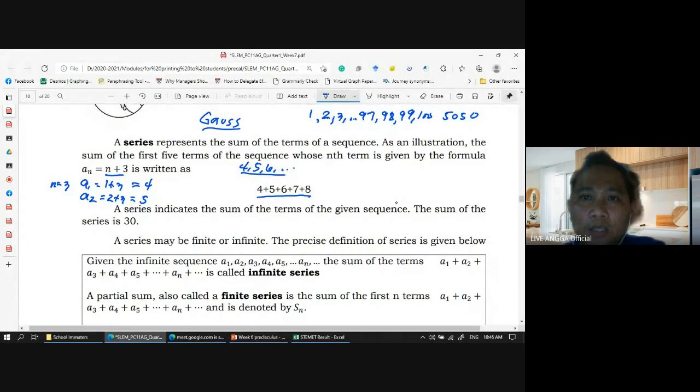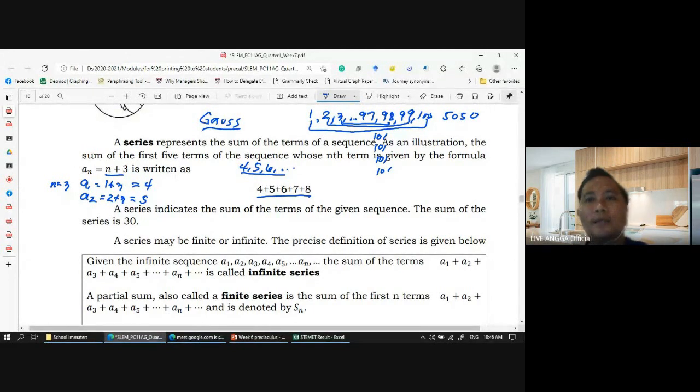He paired 1 plus 100, that is 101. 2 plus 99, 101 also. 3 plus 98, 101. 4 plus 97, 101. So all the partners have a constant 101.